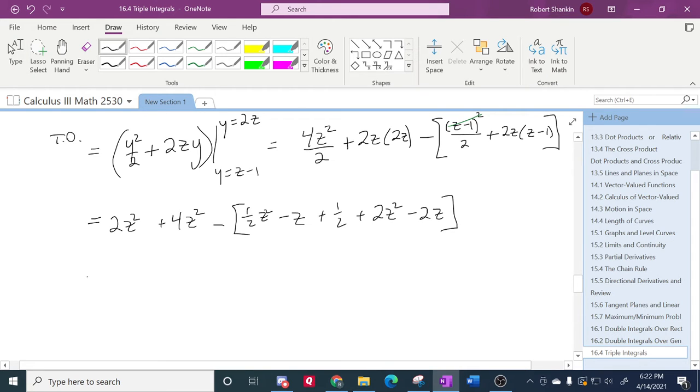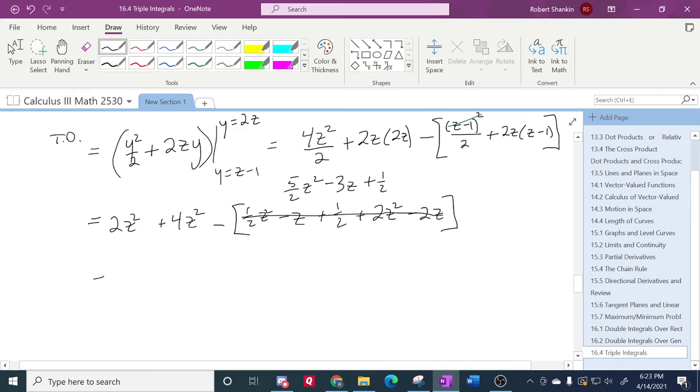And so then I'm going to get, now this 1/2 and 2z squared makes 2.5, or 5/2 z squared. The minus z and the minus 2z makes minus 3z, and then plus 1/2. So that takes the place of all of that stuff.